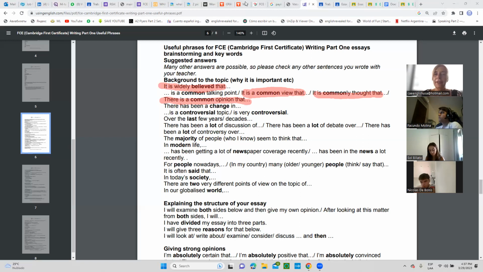So for example, look at the next sentence here. There has been a change in... so for example, we can begin like this. It is widely believed that there has been a change in the education system over the last few decades.